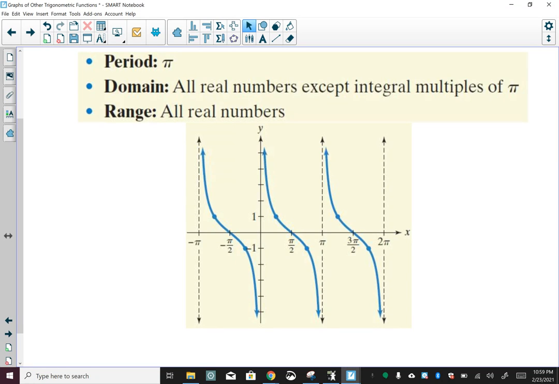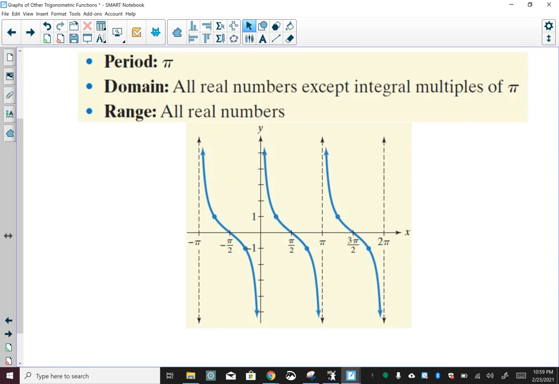Whereas tangent has asymptotes at the odd pi over 2's, for your cotangent graphs, your asymptotes are happening at the x-intercepts of the tangent graph. That's the easiest way to say it.